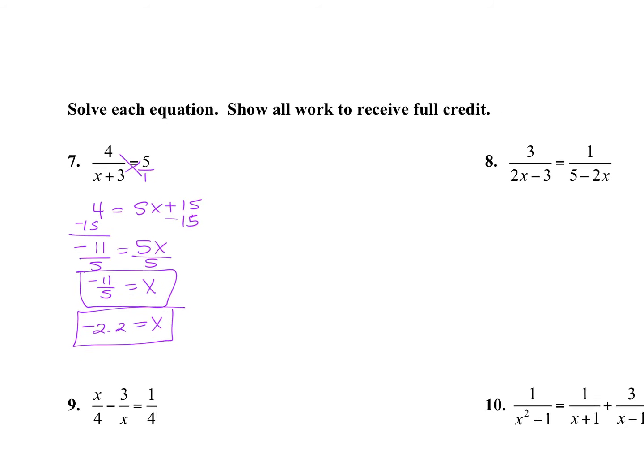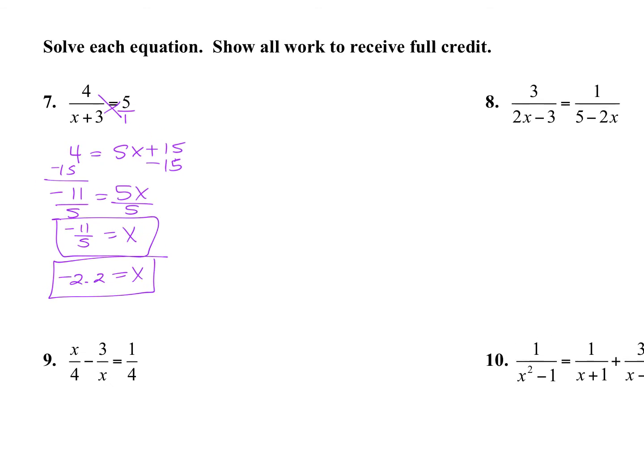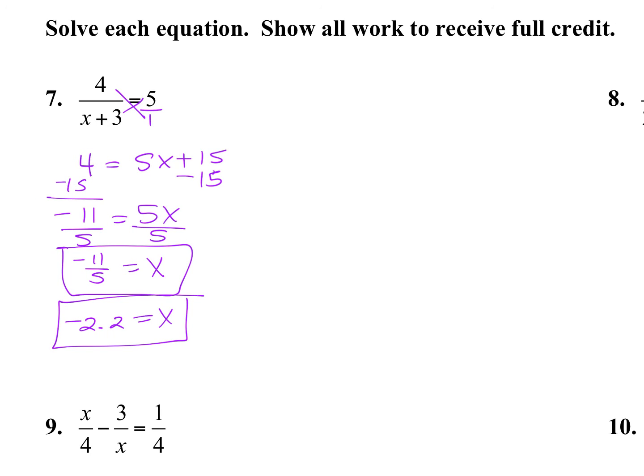I'm just confused as to how come for some of these you're writing them using parentheses and this one you just... Whenever it's a fraction equal to a fraction, that's a proportion, right? And the way we solve proportions is we cross multiply them. So there's no, well, I guess you could do parentheses here.